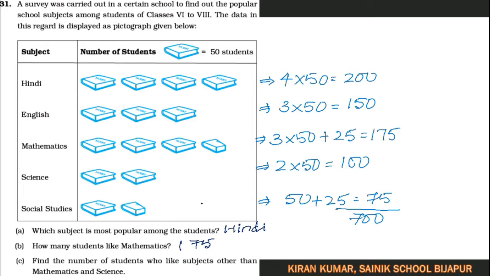Here it's English, social science and Hindi should be considered. That is 200 to be added to 150 to be added to 75. The sum is 425.